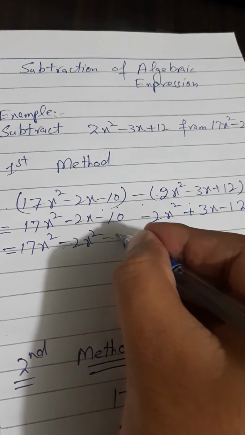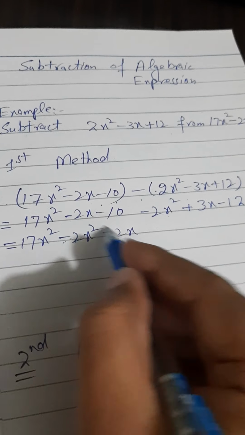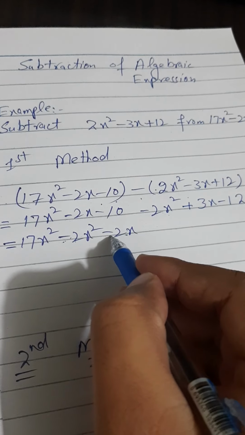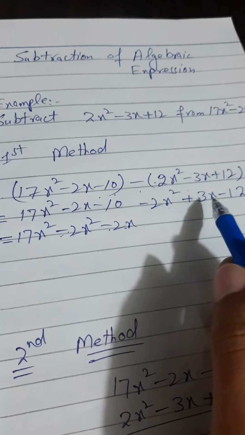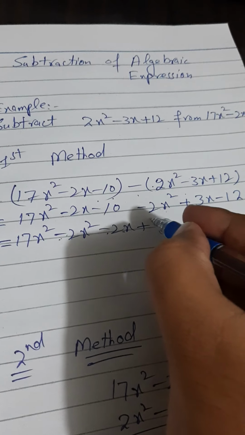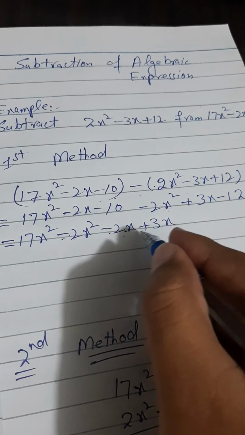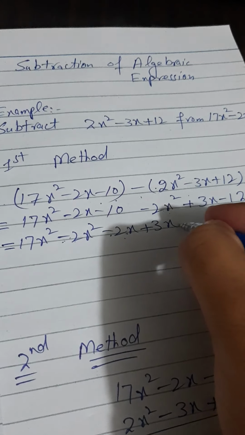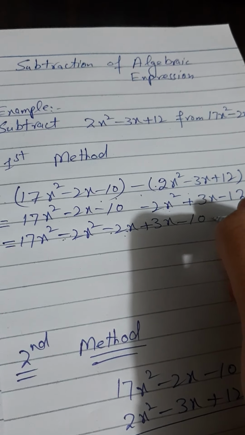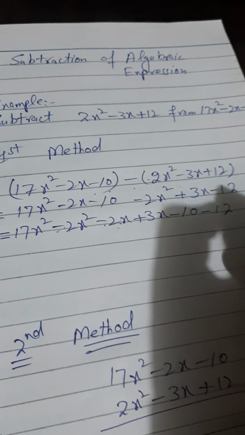Now next is minus 2x. In the same way, when I put 2x here, I have written its sign with 2x. Then positive 3x, because 2x and 3x are like terms. Then constant terms, negative 10 and negative 12.